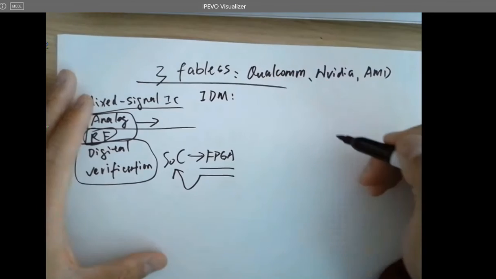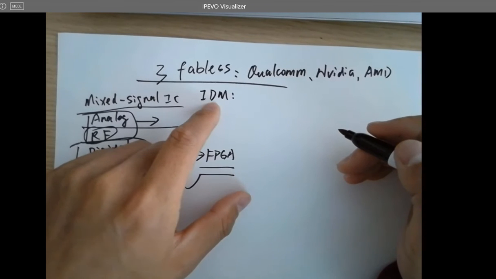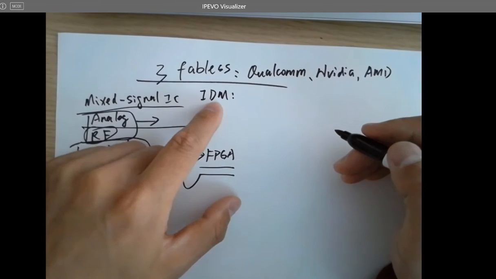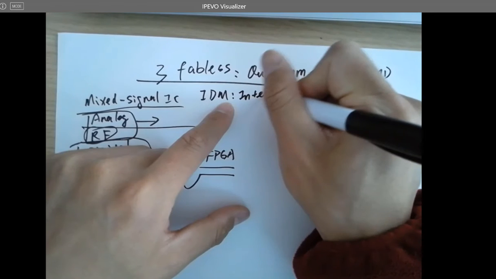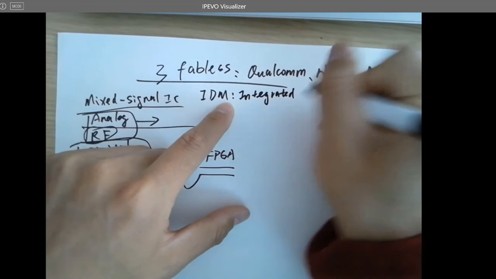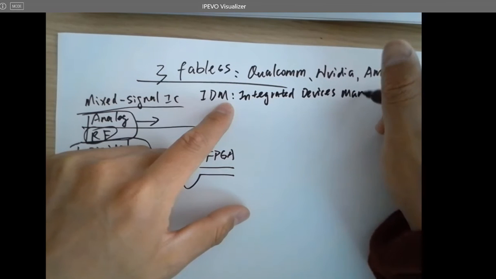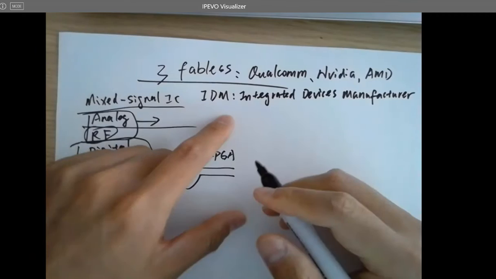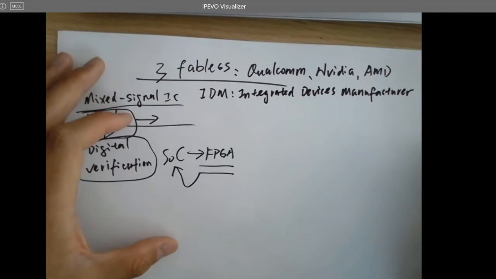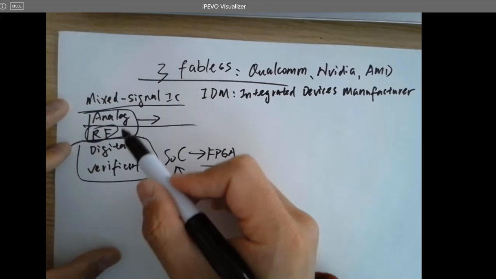IDM, integrated device manufacturer. Can you name a couple of IDM companies? So they have design teams like these: mixed signal, analog, RF, digital, verification.